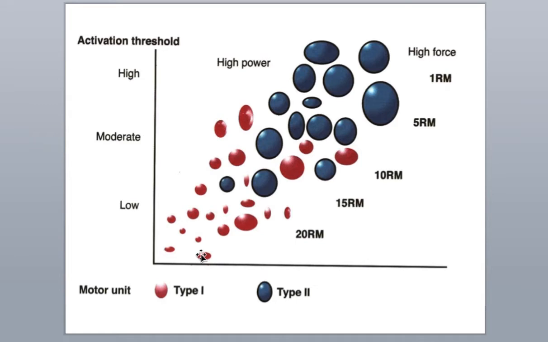A power lifter needs to generate as much force as possible very quickly. So they've actually trained their body. Good power lifters go through the proper training. They're going to train their body to basically skip over this because this is kind of wasted energy, wasted movement down here. They're going to skip over these and start with either type 1 or type 2A, or go straight to type 2X.